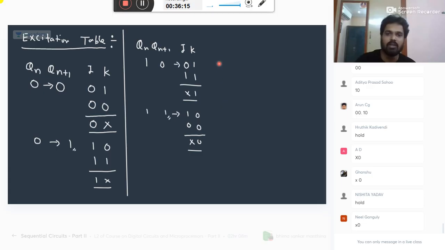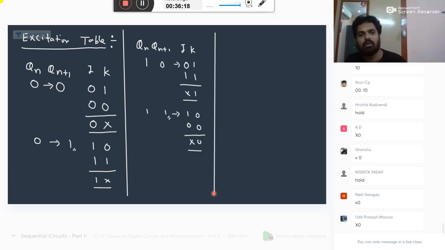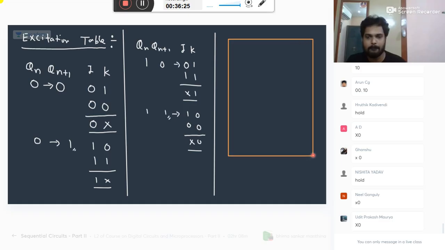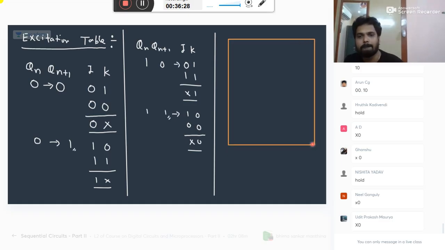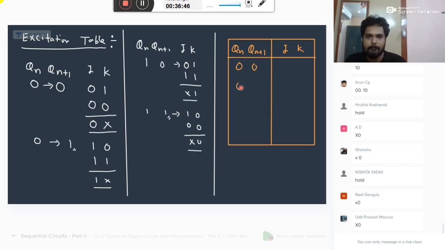So now you make it in the tabular form. Qn plus 1, J and K. Okay, present 0, next 0, like this.